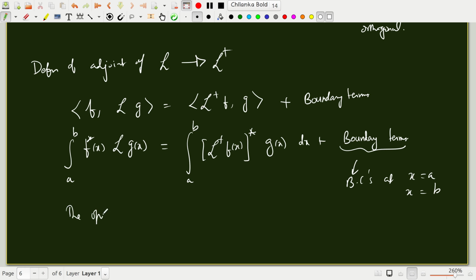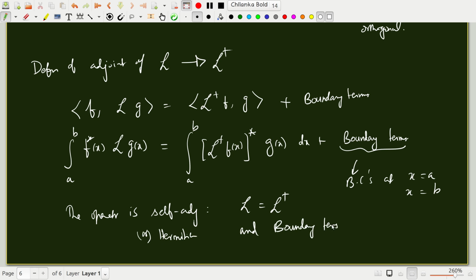The operator is self-adjoint if L is equal to L dagger, or Hermitian, and the boundary terms vanish. The key thing is the boundary terms should vanish.